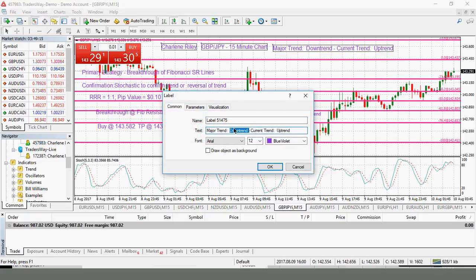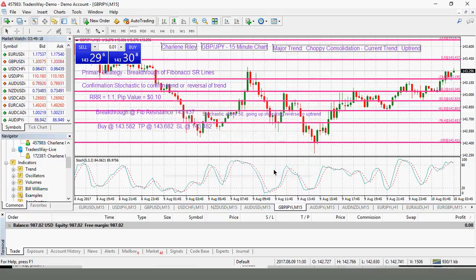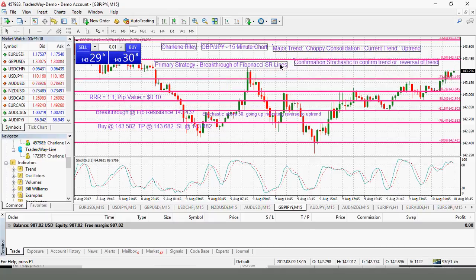There's such a thing as choppy consolidation. And my primary strategy is using the breakthroughs of support and resistance from Fibonacci.